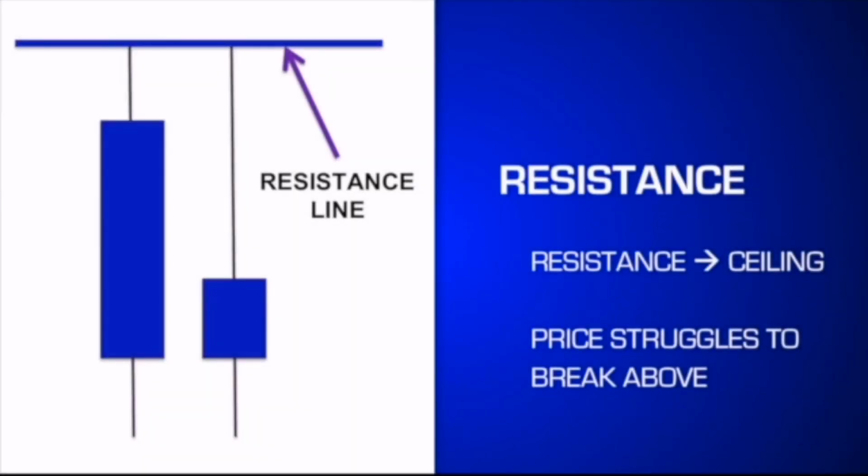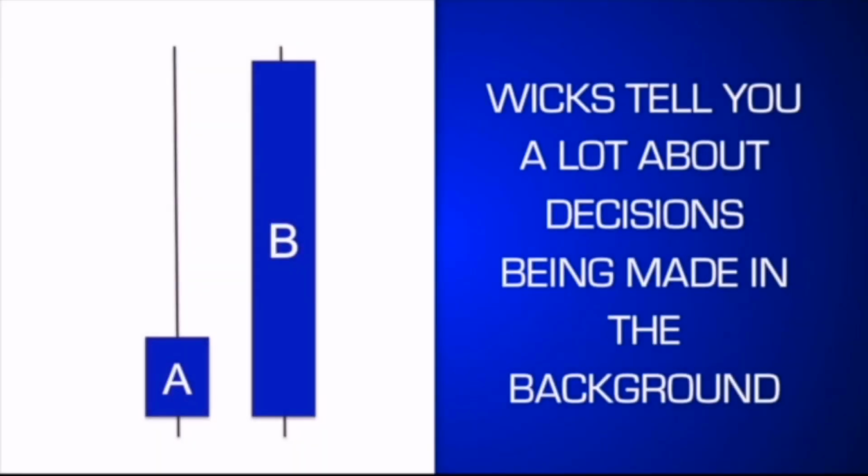Now, a little bit more about these wicks. They actually tell you a lot about decisions being made in the background. Sometimes you'll see really long wicks like you see in A, or sometimes you won't see hardly any wicks at all like you see in candlestick B. Wicks give you signs that the market is wanting to move in a certain direction.